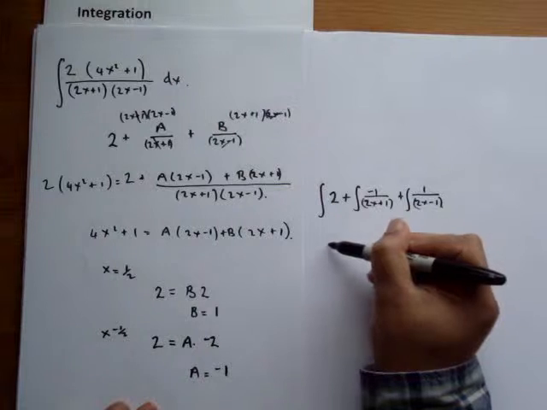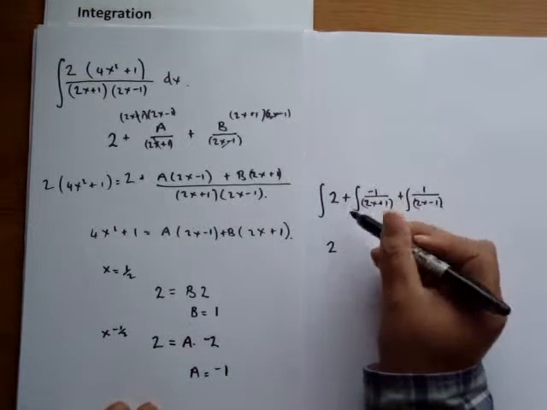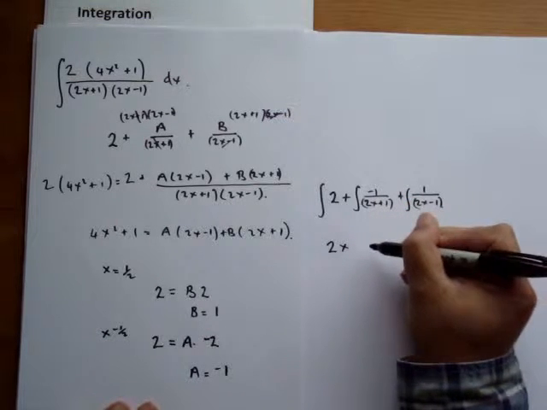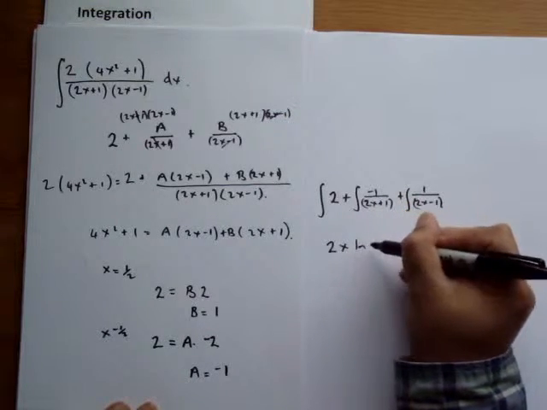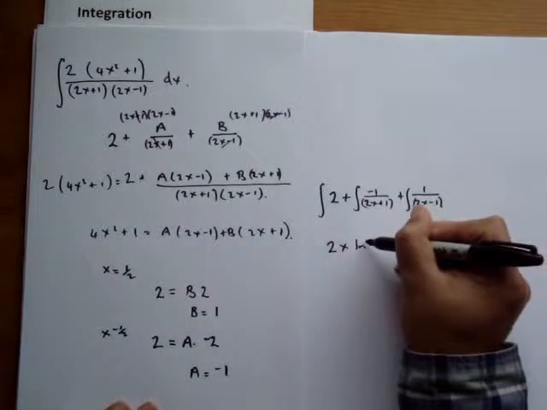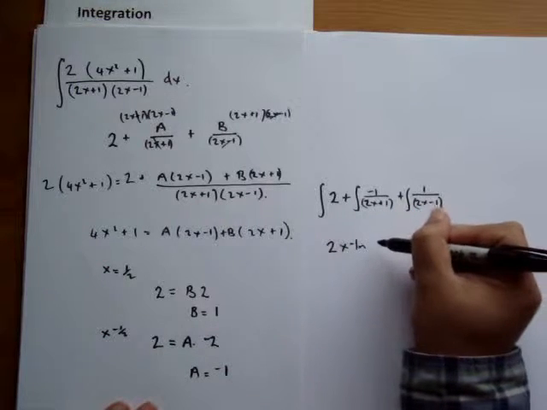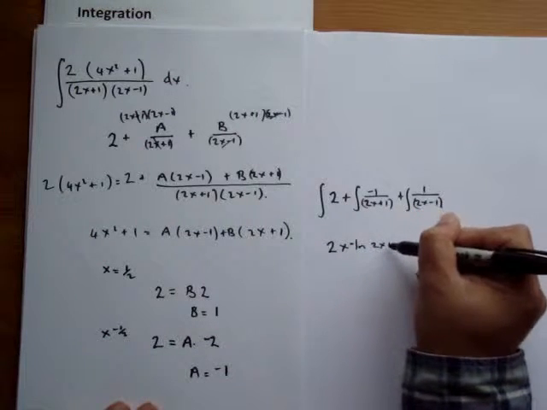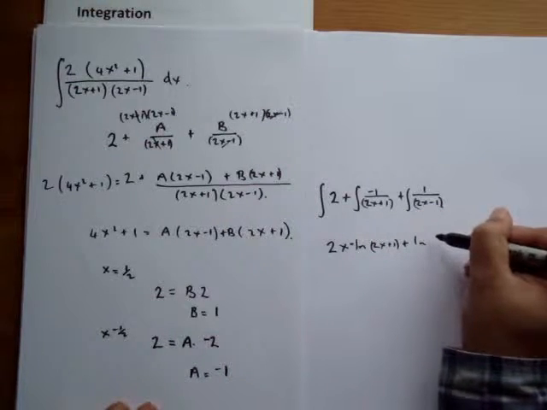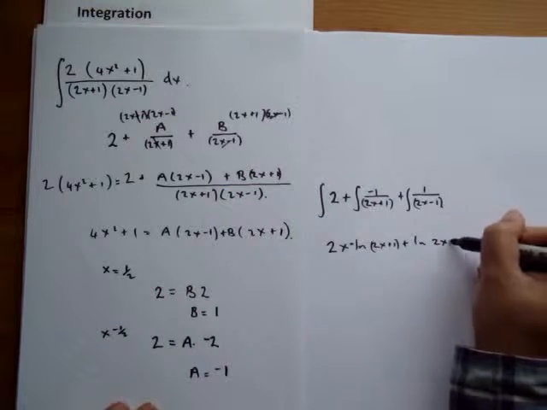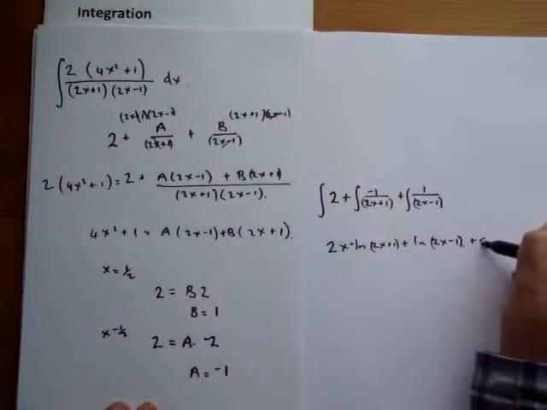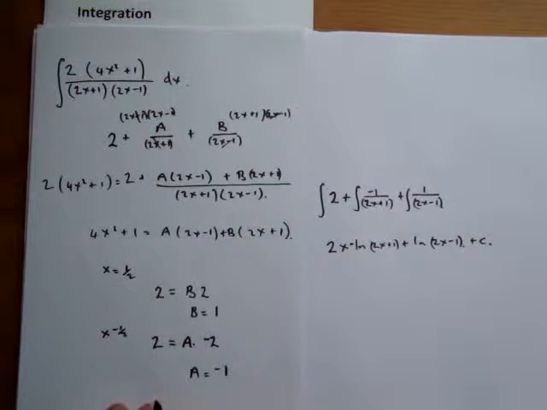And when we do that, we get 2x minus the natural log of 2x plus 1 plus the natural log of 2x minus 1 plus c. And that is our answer.